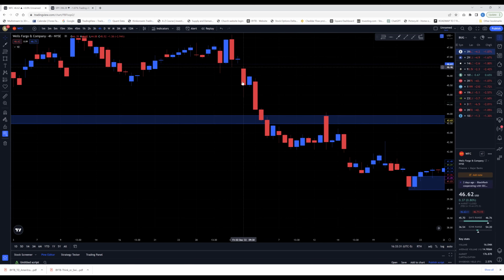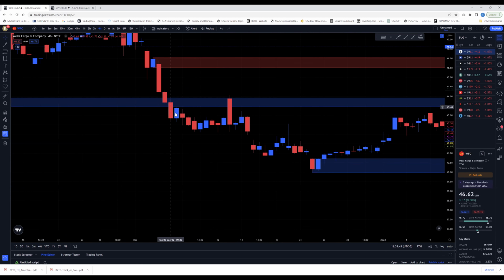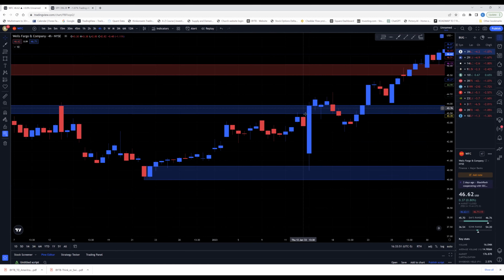So now we could draw supply here, because the market was technically moving down. The market pushed down past, and this demand turned into supply, and when it came back up, it came back down. So again, a huge candle up.